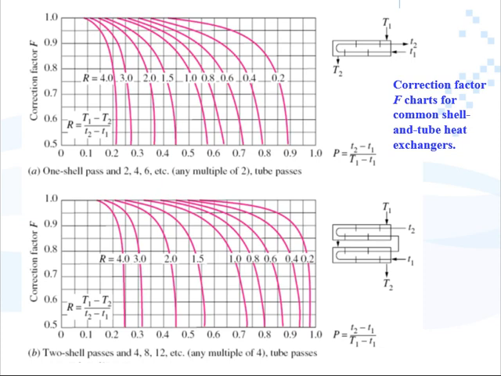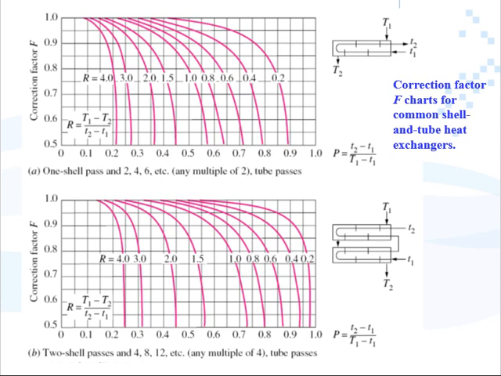We calculate R and P based on those, and we can find the correction factor. When we have the correction factor, we calculate the log mean temperature difference for counterflow and multiply it by the correction factor, and we have the log mean temperature difference for our multi-pass heat exchanger. The same story applies to the different configuration.